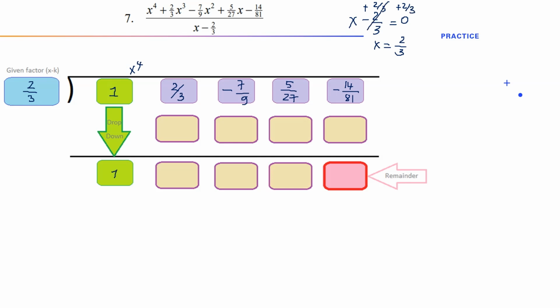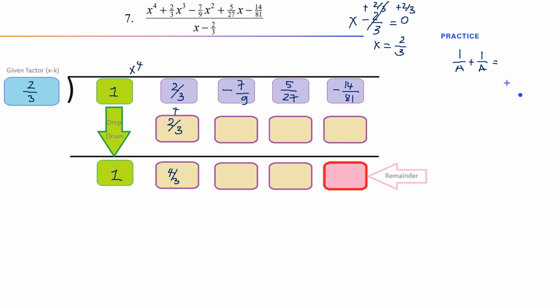Now we drop down 1, right? So we have 1 times 2 over 3. The 2 over 3, we add them. So it will be 4 over 3. Remember adding fractions: 1 over a plus 1 over a.